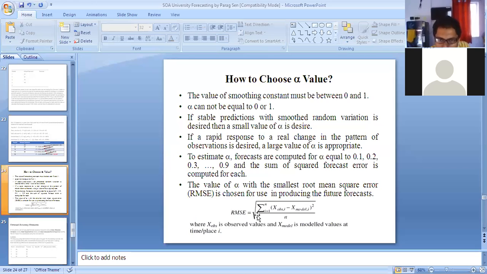Then you take the square root. This is known as root mean squared error. It is a measure of your accuracy level. In this way the alpha value is chosen.